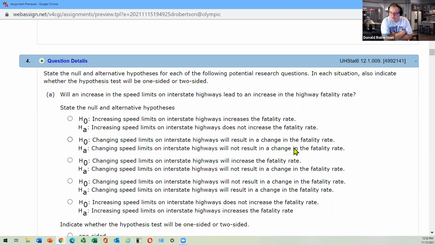So right now you've got a certain percentage of highway fatalities, right? And will it increase them or not? So the null hypothesis is no change. You increase the speed limits, no change. And the alternate would be that it would increase. So I want H naught to be nothing happens and the alternate to be it increases.